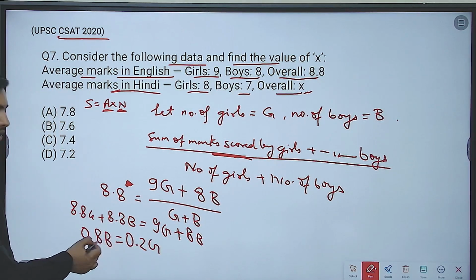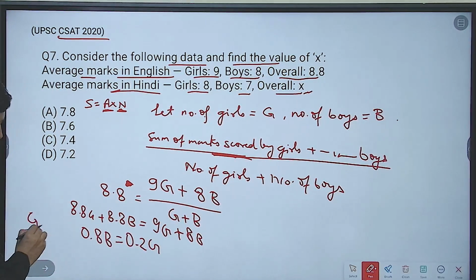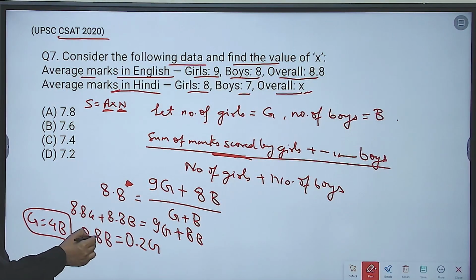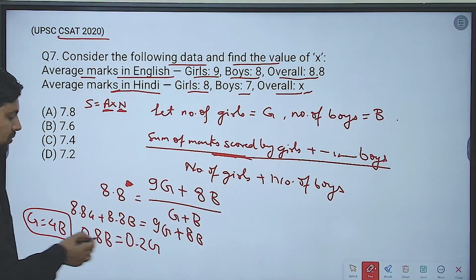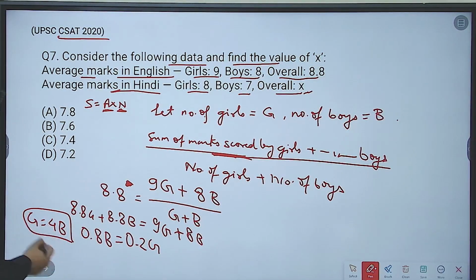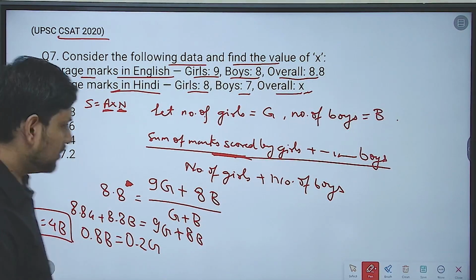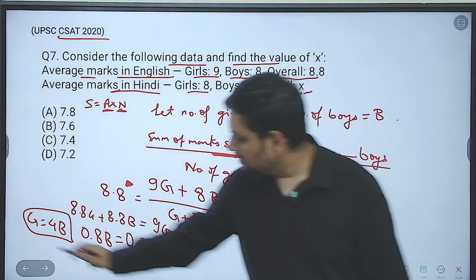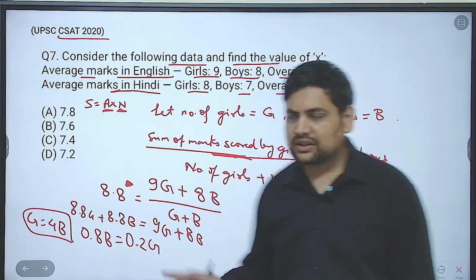If you cancel them out, you can clearly see G is equal to 4B, correct? Decimal you can remove, then 2 and 8, so 1 time, 4 times. So number of girls is equal to 4 times the number of boys. Once you get this, then this becomes easy.